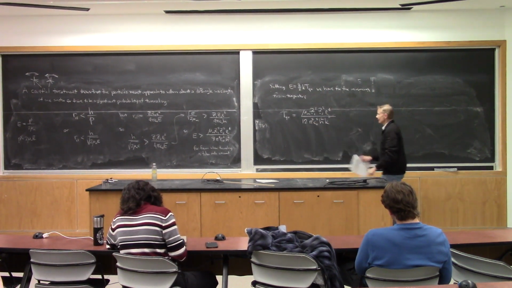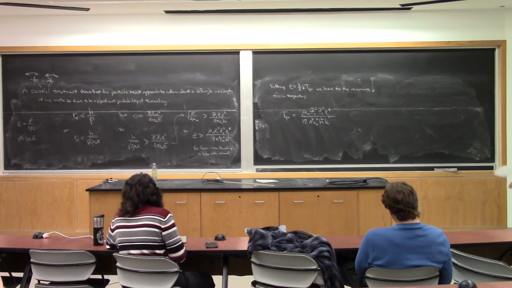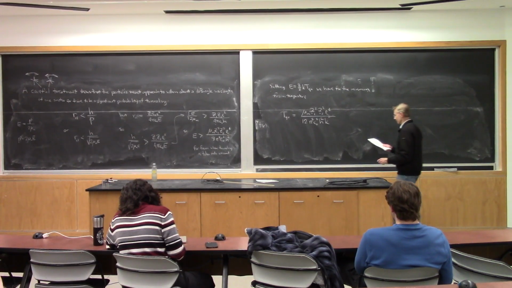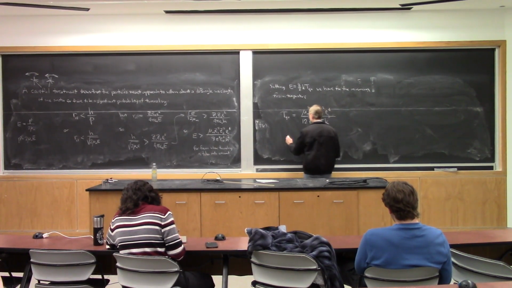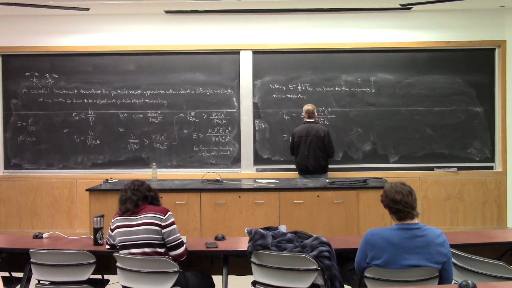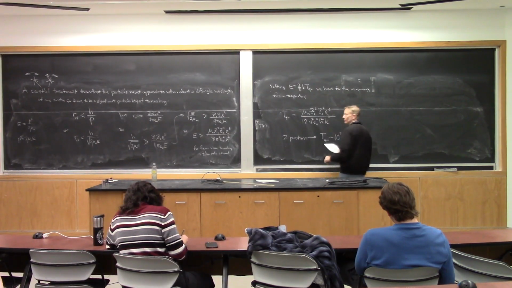And really this is getting kind of fussy here because this is really just an estimate, so it's a little bit silly to worry about the 12, for example, but that's all right. And if we plug in the numbers for the proton-proton interaction, 2 protons gives us, look at that, about 10 million Kelvin.